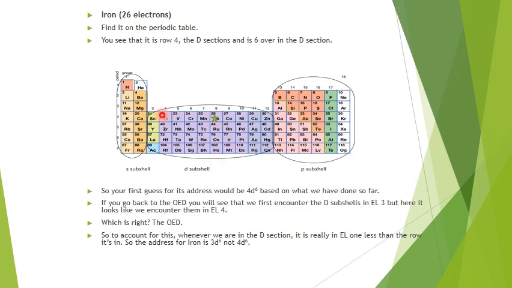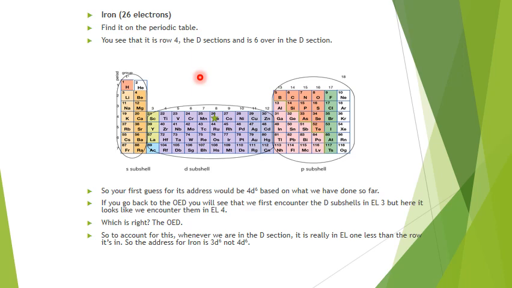Now, from what we've done, you would expect to write down 4d6. Well, that's not right, because if you go back to the orbital energy diagram, the first place we encounter d subshells is energy level 3.